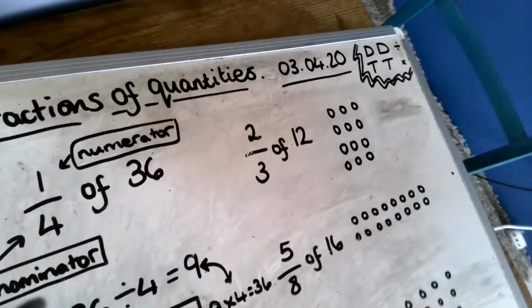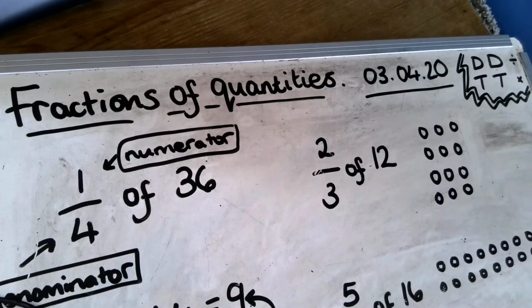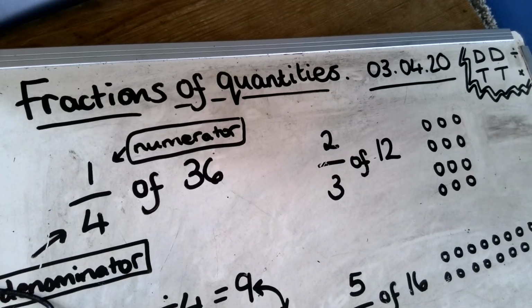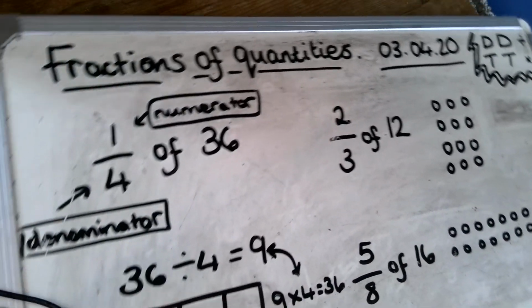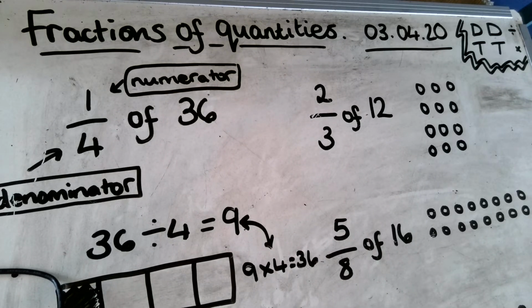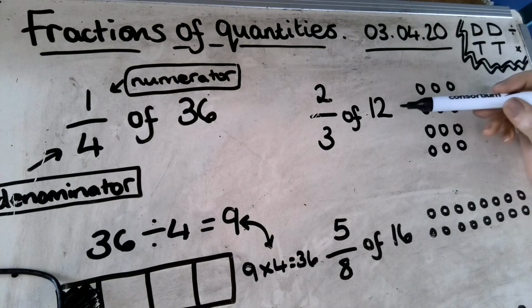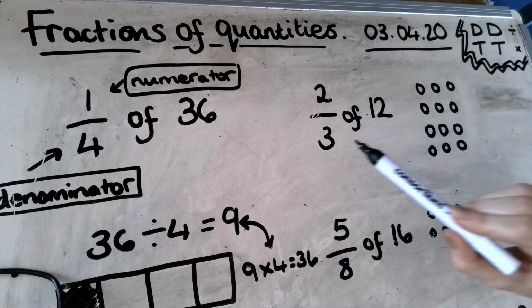So I'm going to try and get my visualizer in a position so you can see what's on my board. Okay, so if you're doing this at home with me, see if you can do this on your pieces of paper. We're going to start off with 2/3 of 12. So I've taken my whole amount, and I've drawn 12 circles, and I've put them in groups of 3.